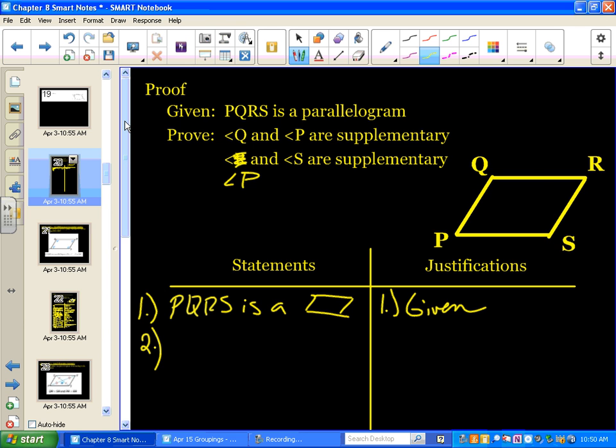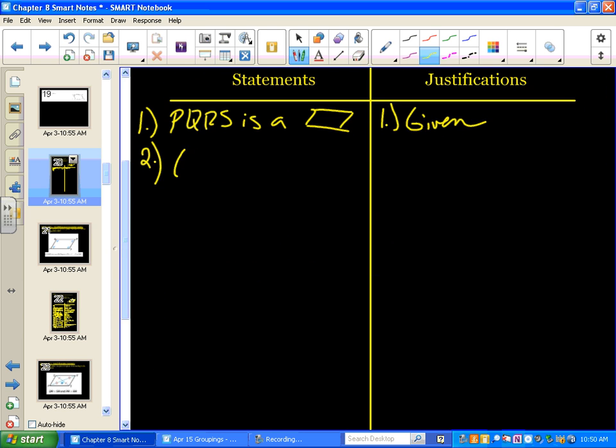Now, if these two sides are parallel, what do we know then? Danny. Very good. If you look here, Q and P form that letter C, right? So there you have your co-interior angles. So, when these lines are parallel, Q and P will be supplementary. So, we'll make QR parallel to PS.